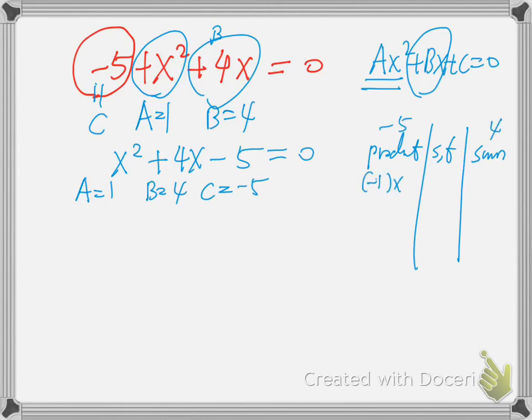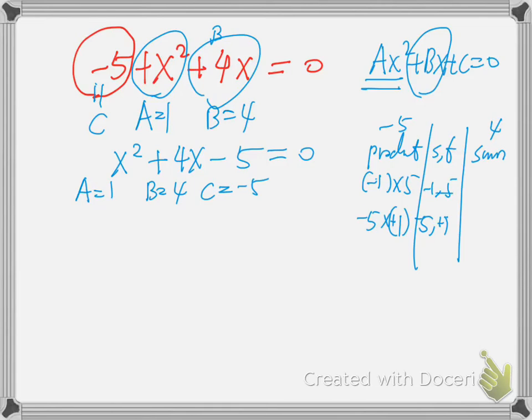So it's -1 times 5, or 5 times -1. That's -5 times +1. One of the S or T is negative.